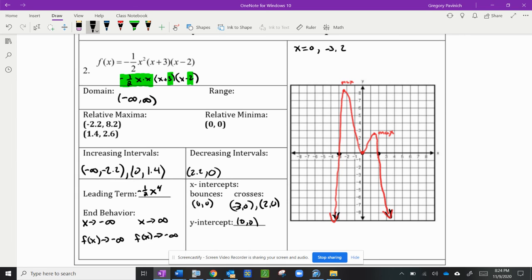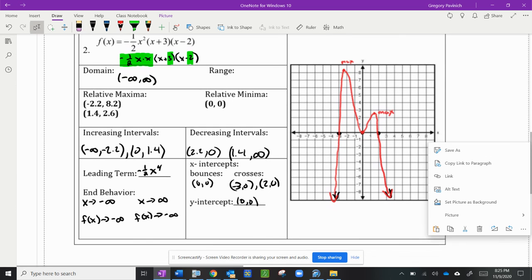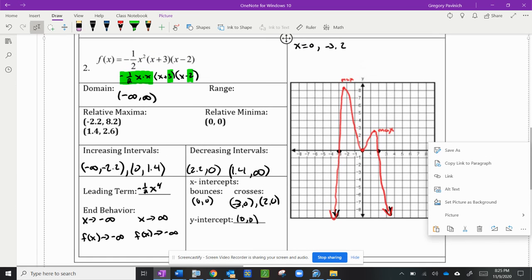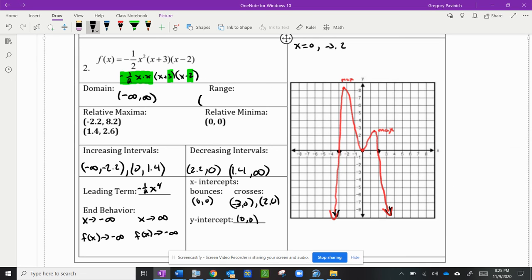And then my last is decreasing, from 1.4 to infinity. Sometimes it's nice going in order because you get to pick right from max to max. It's personal preference. And I'm done, except for my range: from negative infinity up to the max of 8.2 with the bracket. You'll have a couple on Delta Math to finish up for your homework, and I'll see some of y'all tomorrow.